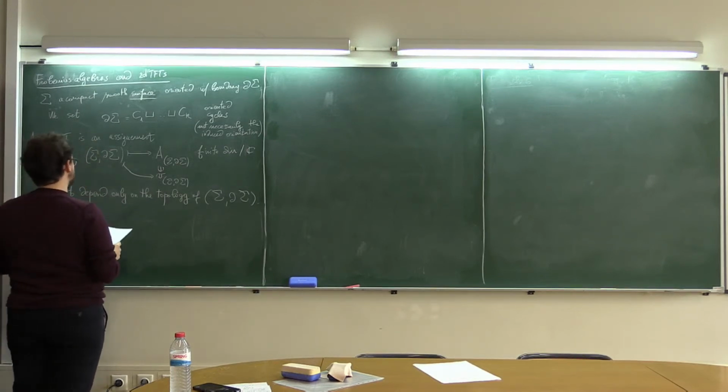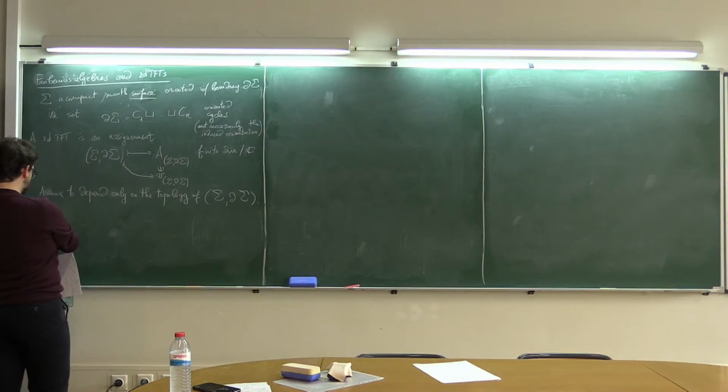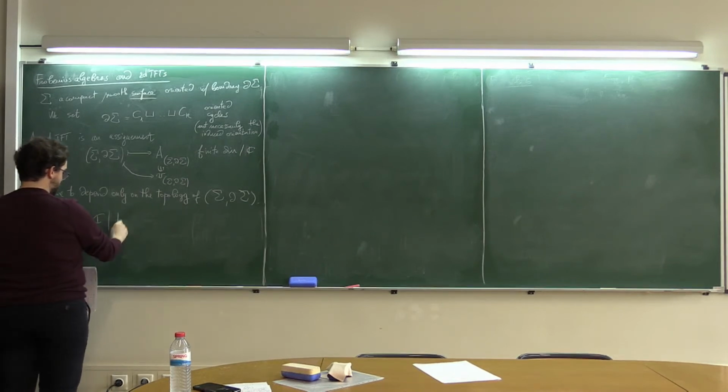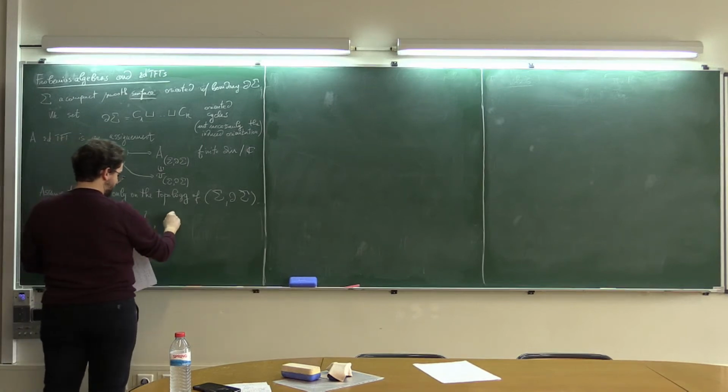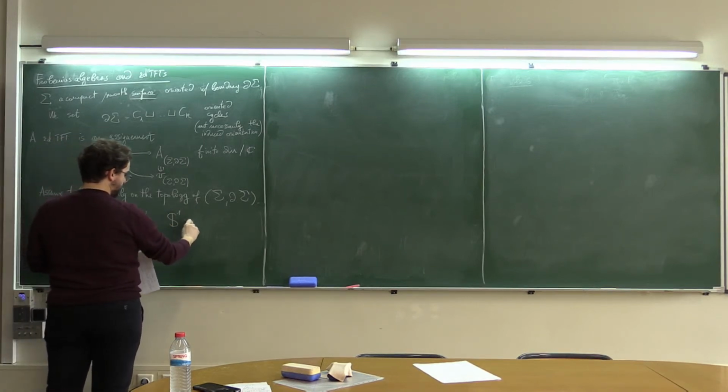In particular, we can consider a distinguished pair. Let's fix delta to be the closed unit disk in C, and S1 to be its boundary.